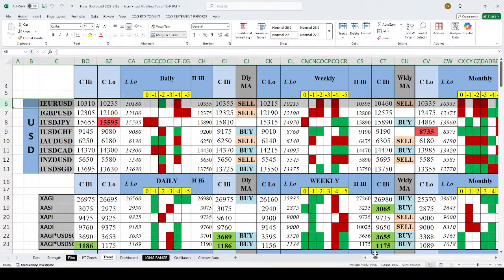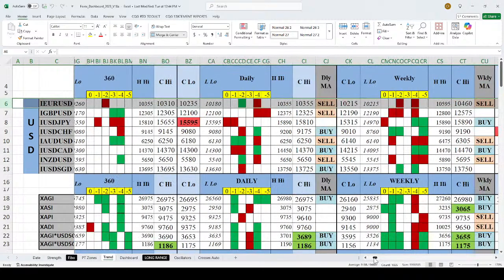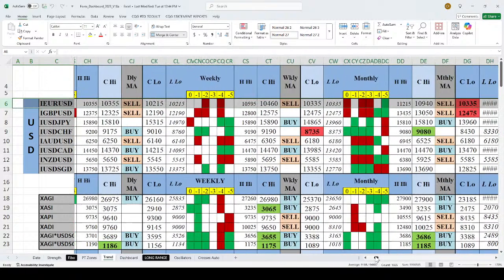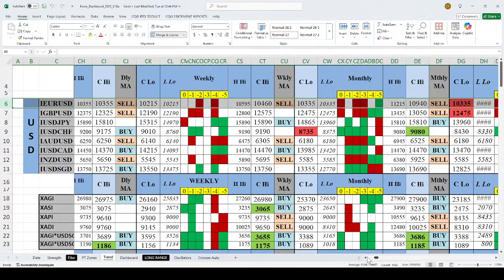So overall, looking at this trend map, it says that we should be holding a cautious sell, or sell and hold. Either cautious sell or sell and hold.